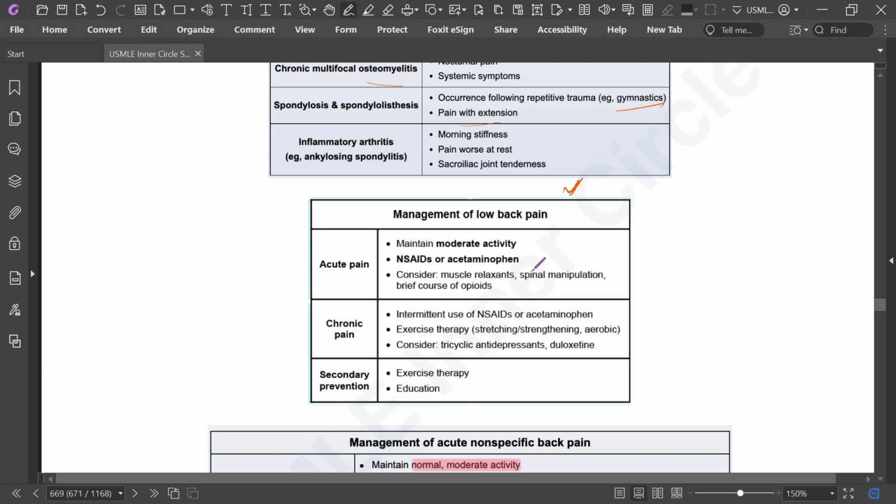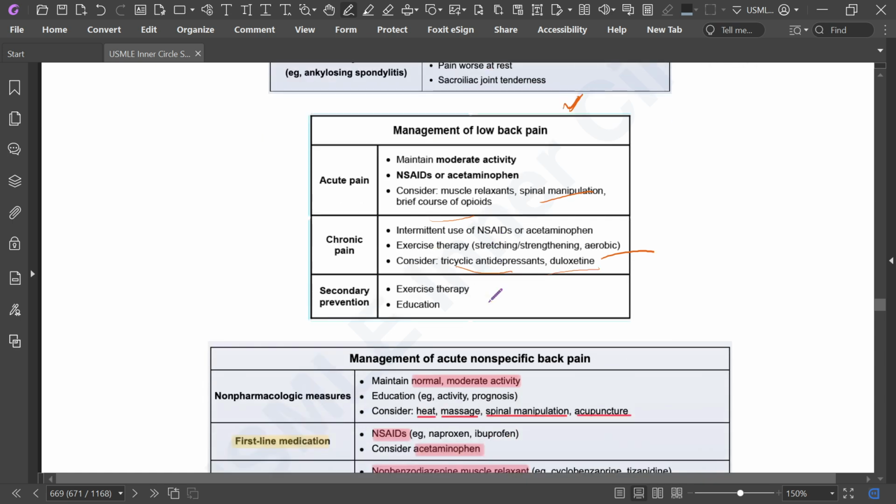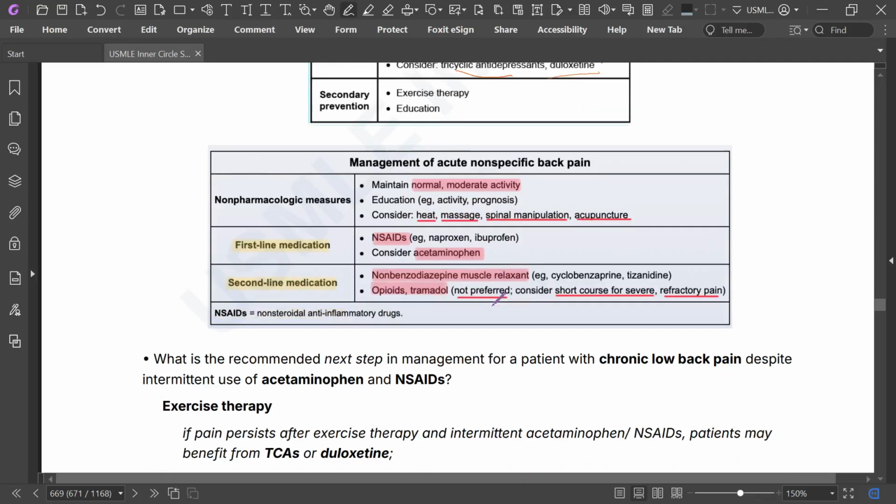Acute pain: maintain moderate activity, NSAID or acetaminophen, muscle relaxant, spinal manipulation. Chronic pain: intermittent use of NSAIDs or acetaminophen, exercise therapy, stretching or strengthening, aerobic exercise, and consider TCA and duloxetine. Secondary prevention: exercise and education.